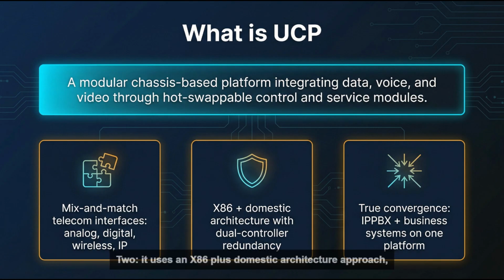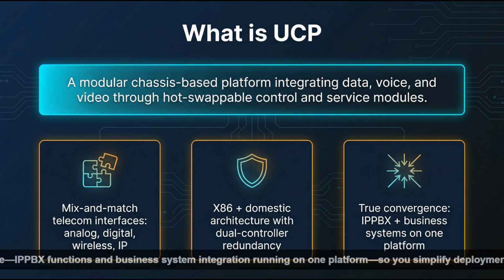It uses an x86 plus domestic architecture approach and supports dual controller redundancy, which is critical for uptime. 3. It's built for true convergence, IPPBX functions and business system integration running on one platform. So you simplify deployment and ongoing management.